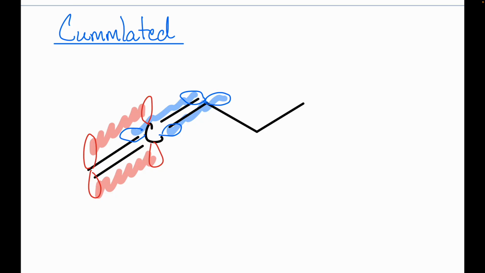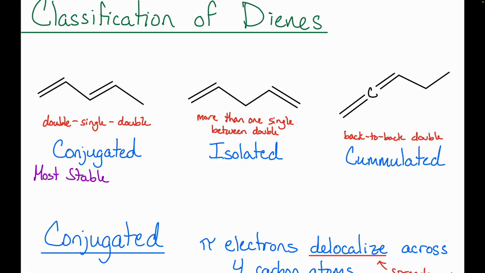So again, even though they're back to back, those pi bonds cannot delocalize. All right, and in fact, cramming them back to back and parallel to one another actually raises the energy of that molecule. So out of all of our dienes here, these cumulated dienes are the least stable.